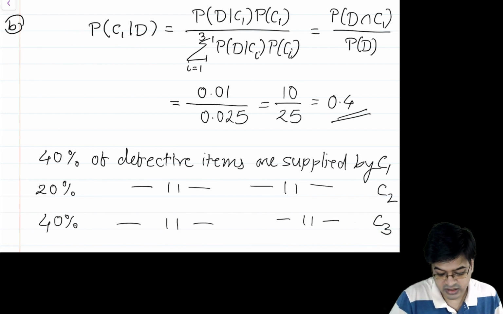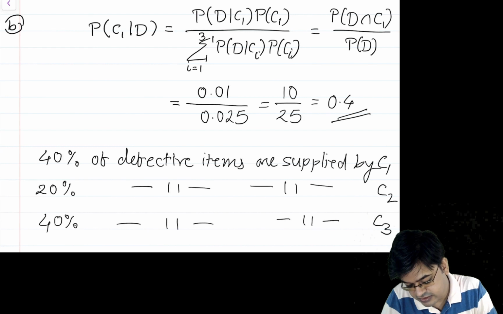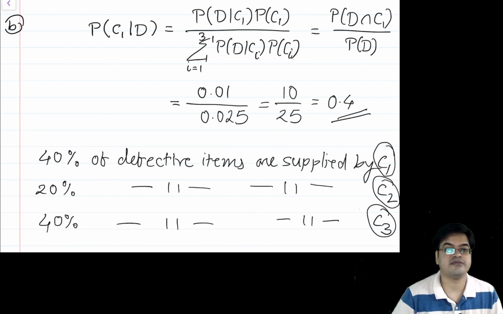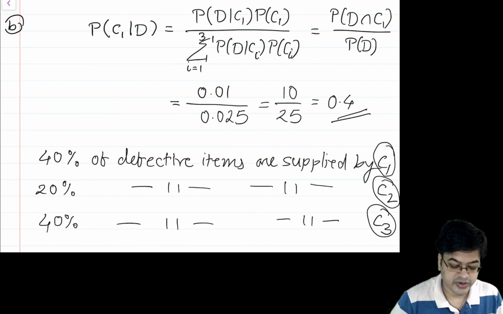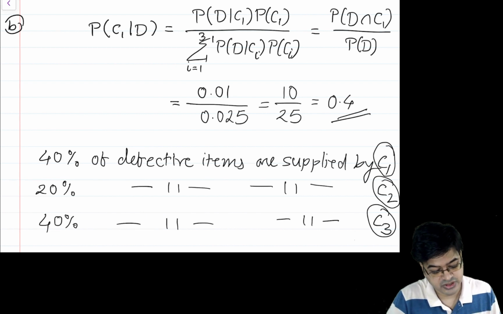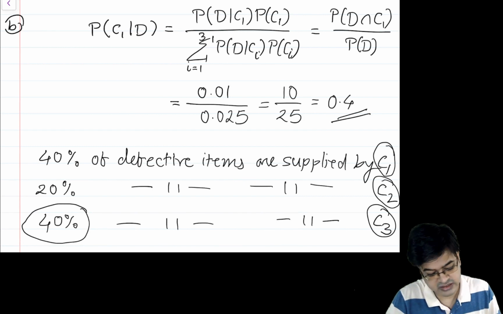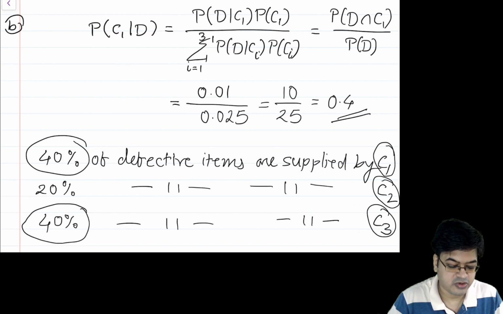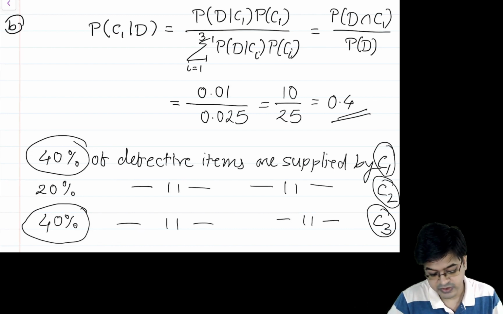Then he will identify these companies C1, C2, C3 as the causes of producing the items that are defective. So the effect is the defective item being produced. Now who is most responsible for defective items to be produced? This guy C1 and C3 are responsible for the most of the defective items being produced.